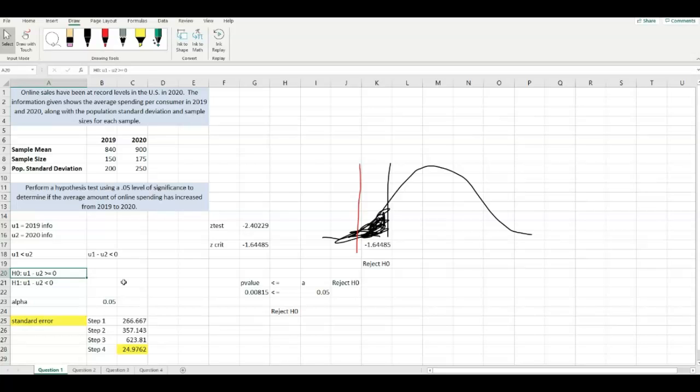We are saying that the difference between the means is not greater than or equal to 0, which means that the difference between the means must be less than 0. And if that's the case, we just had enough evidence to show that spending did increase from 2019 to 2020.